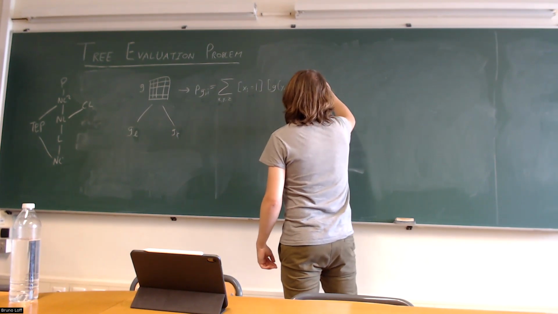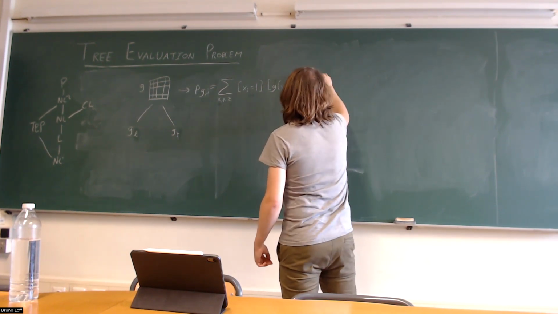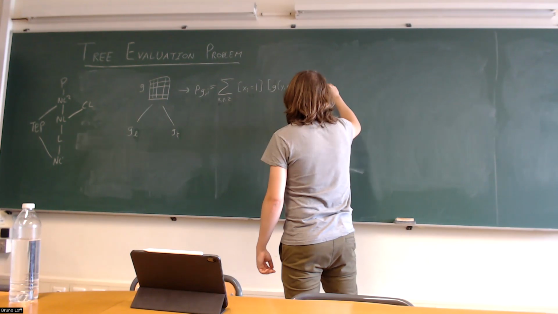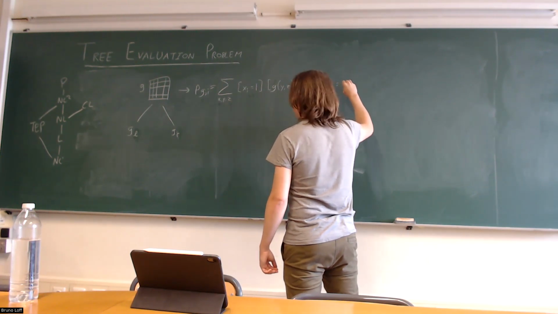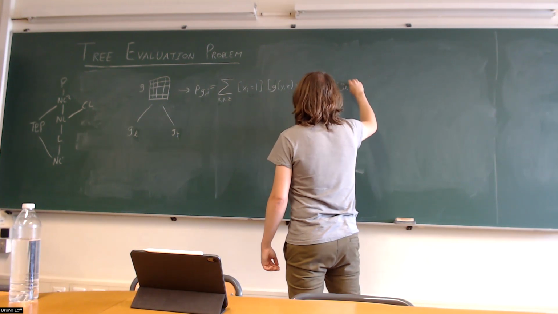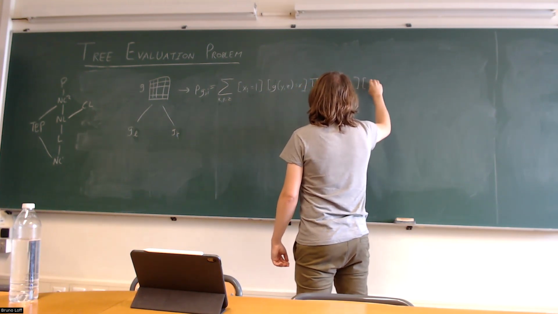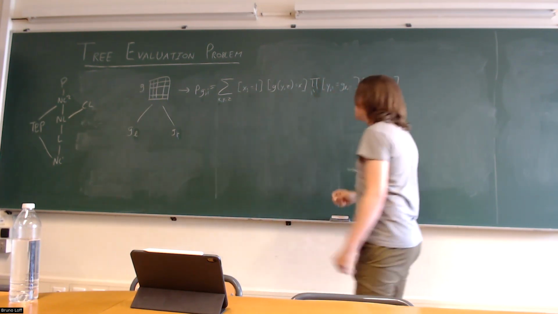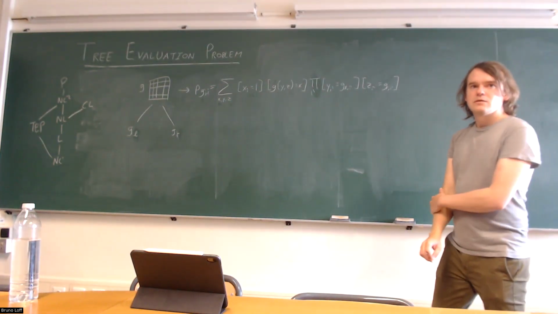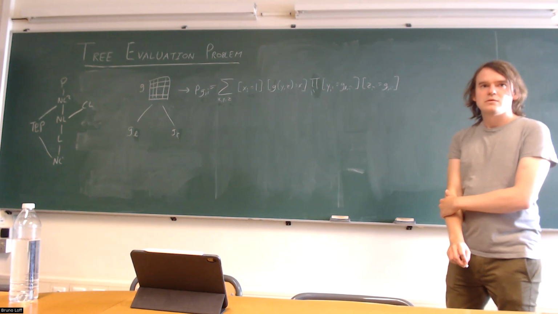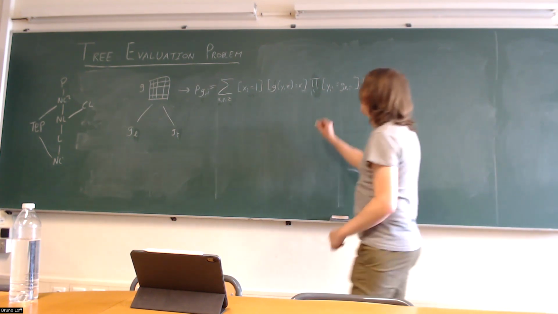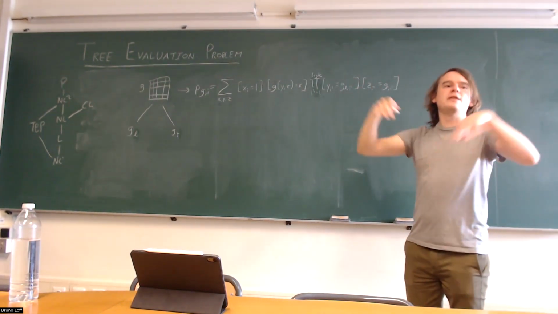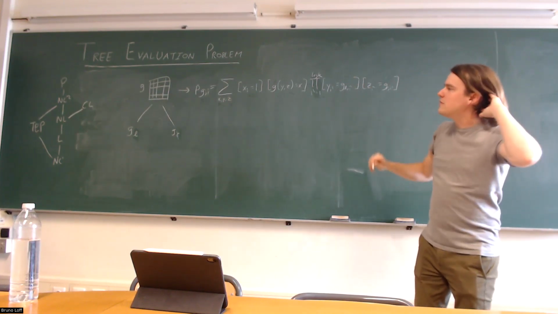So this is a product over all bits i prime, and it's that y_i' equals GL_i', and z_i' is equal to GR_i'. It doesn't depend on other things; it just depends on the two children below. We've got a tree-like structure, GL and GR are the two things feeding into G.